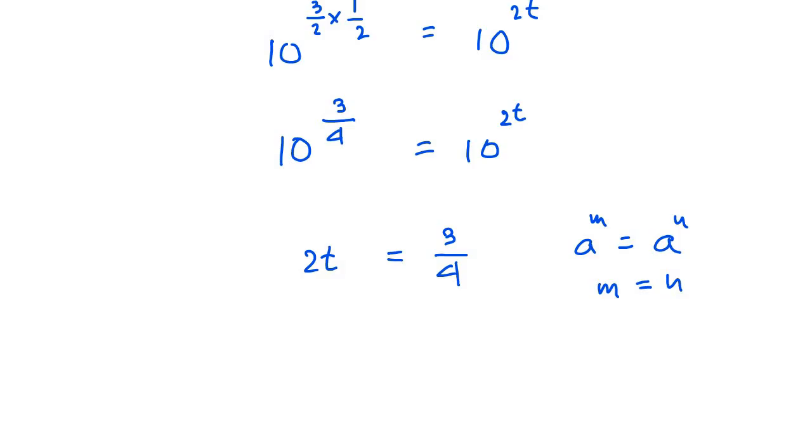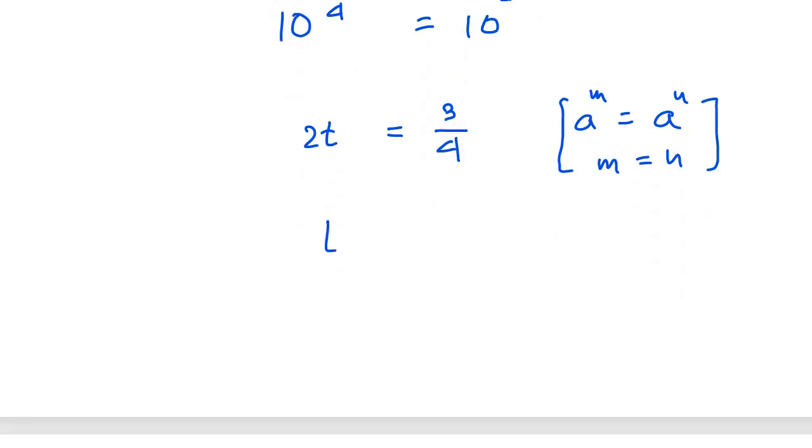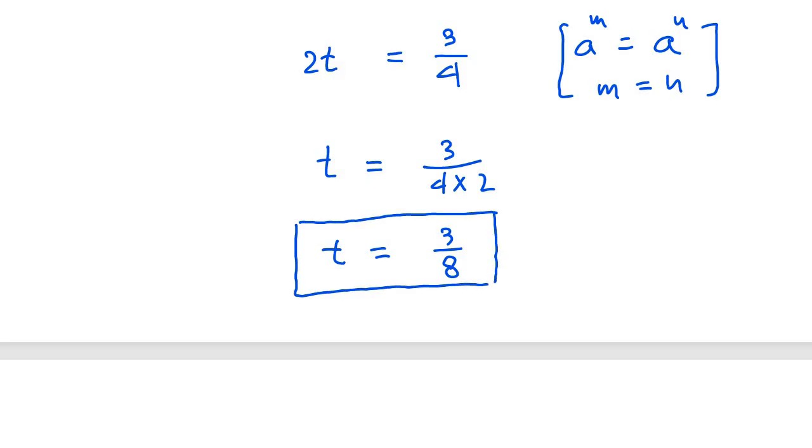So we can apply these rules and we can write 2t equals 3 by 4. From here we can write t equals 3 by 4 times 2, or t equals 3 by 8. So this is the solution for our problem.